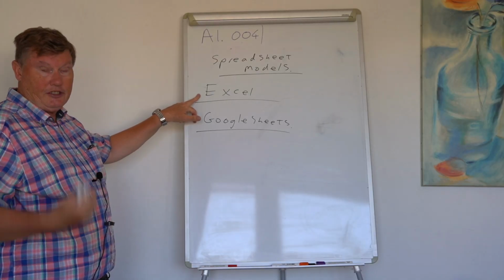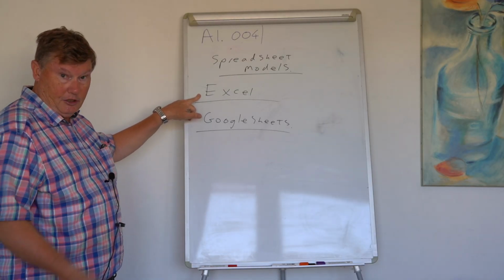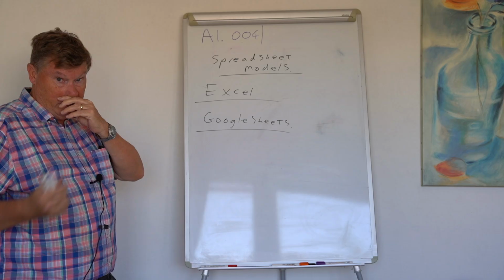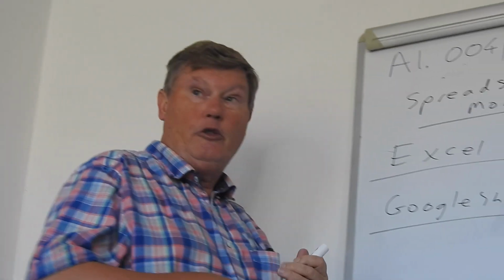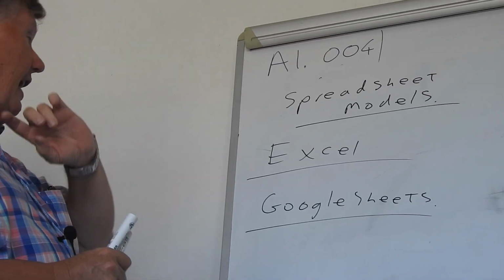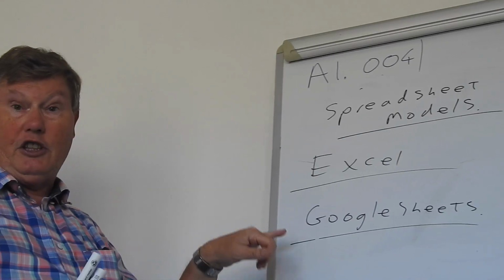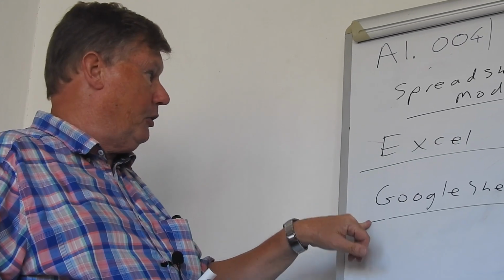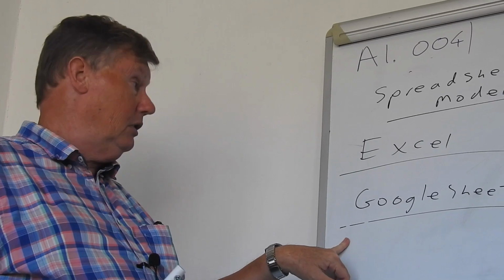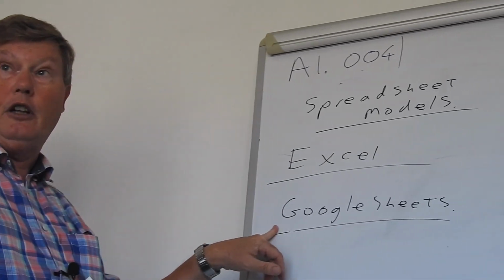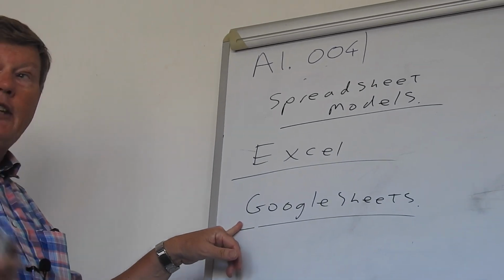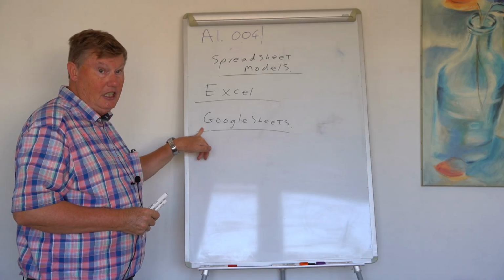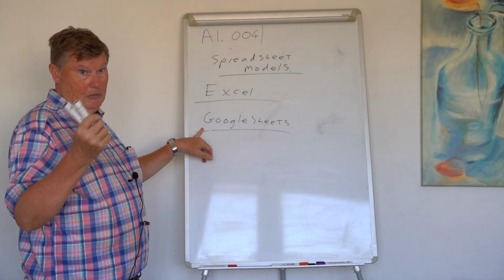Now, I used to work a lot on Excel, but I appreciate that Excel's not used by a lot of students because it's expensive and it's not on everyone's machine, and also it's not really built for sharing and caring, whereas Google Sheets is. And Google Sheets is free and everyone can have it. The functionality isn't quite as super duper as Excel, but it's not bad at all. And I'll show you how to do some very nice graphs using Google Sheets. We'll save that for a special lesson in a few months.